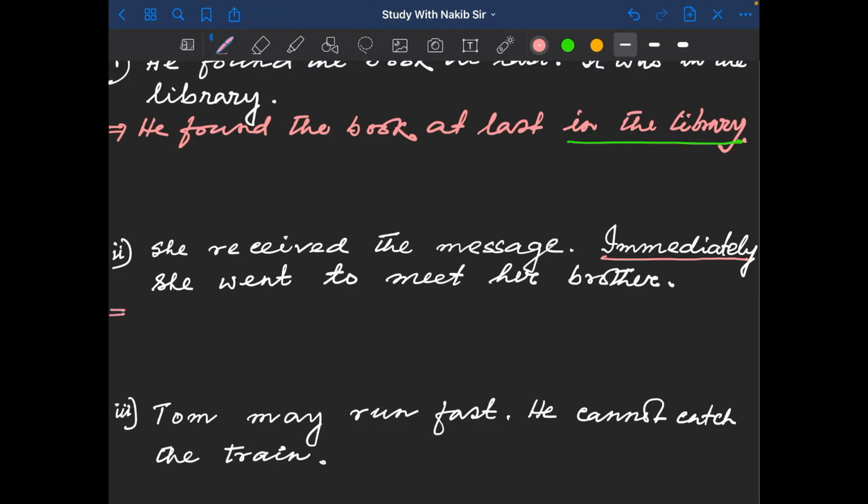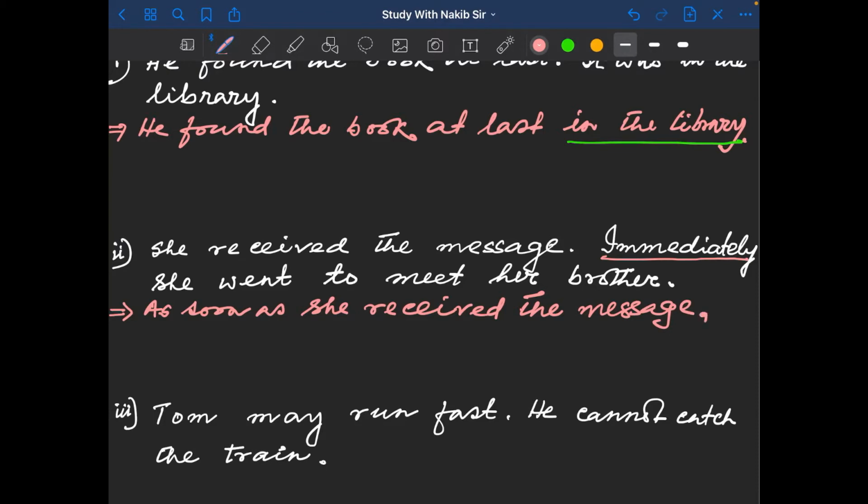First one, see, as soon as she received the message, comma, she went to meet her brother. The first combined sentence is, as soon as she received the message, she went to meet her brother.